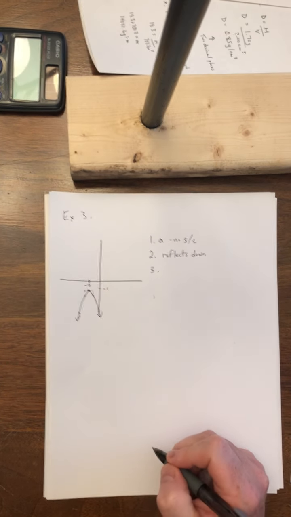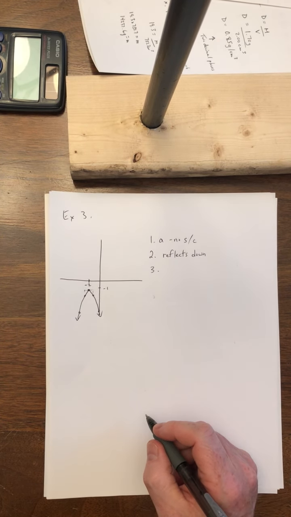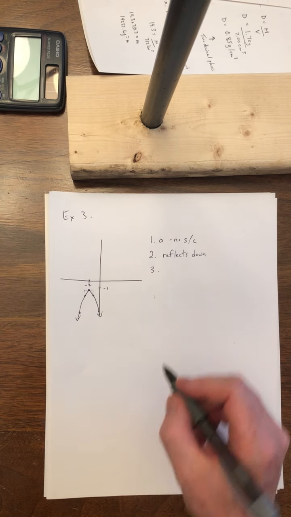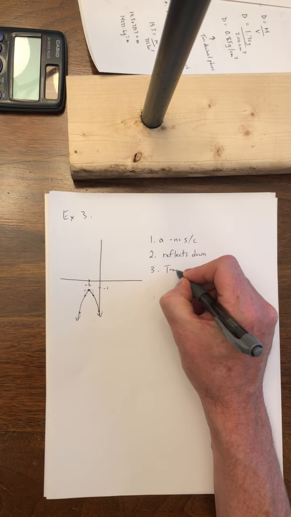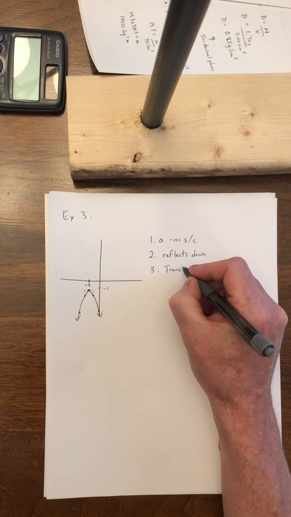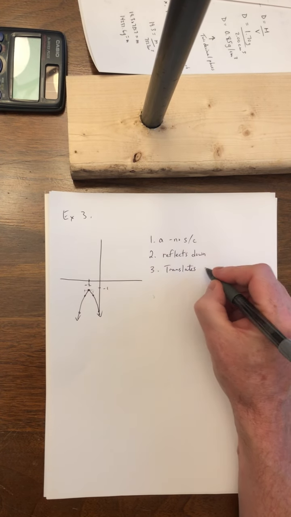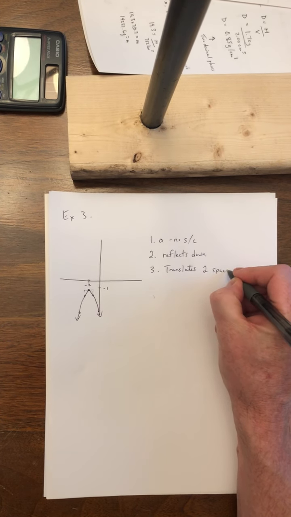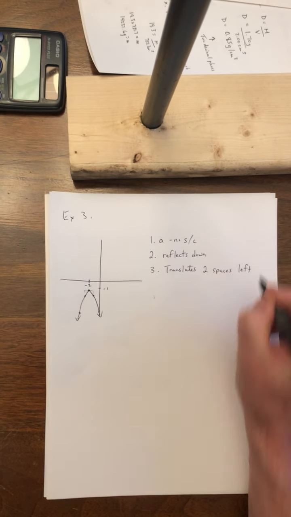The third thing is we look at our left-right, our h value, and we can see that this translates 2 spaces left.